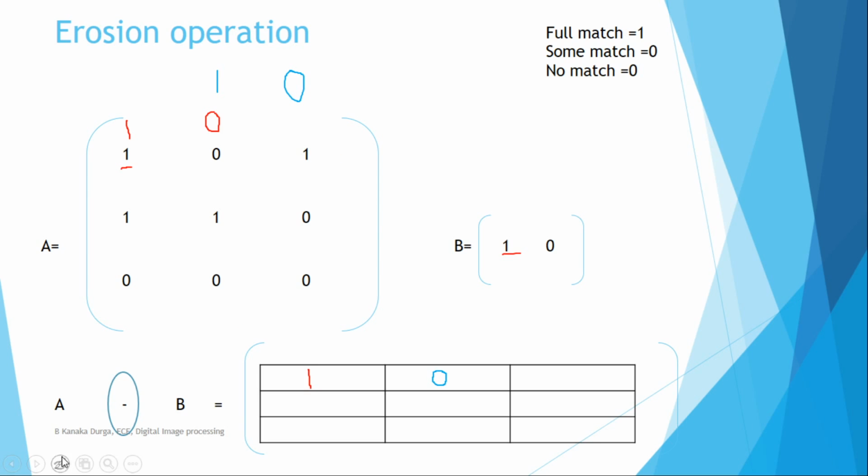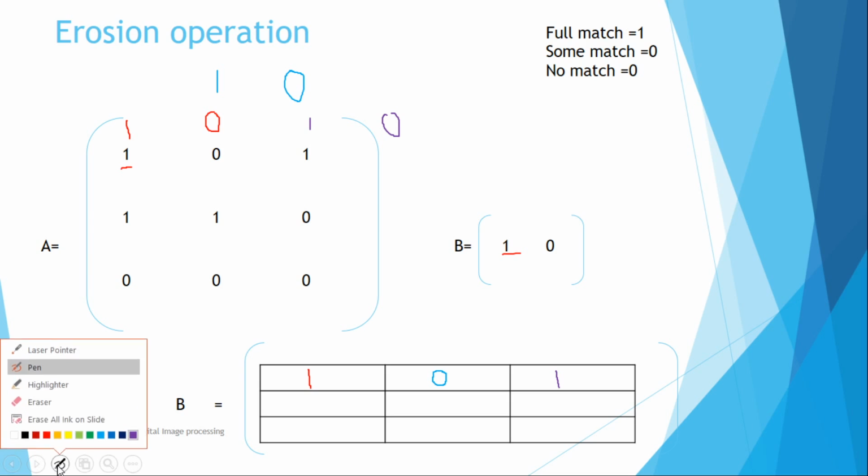And the next case, 1 and 0, third case. In this case, 1 1 is matching, only one value is there for comparison. So one value has been matched, so the resultant value here is 1.